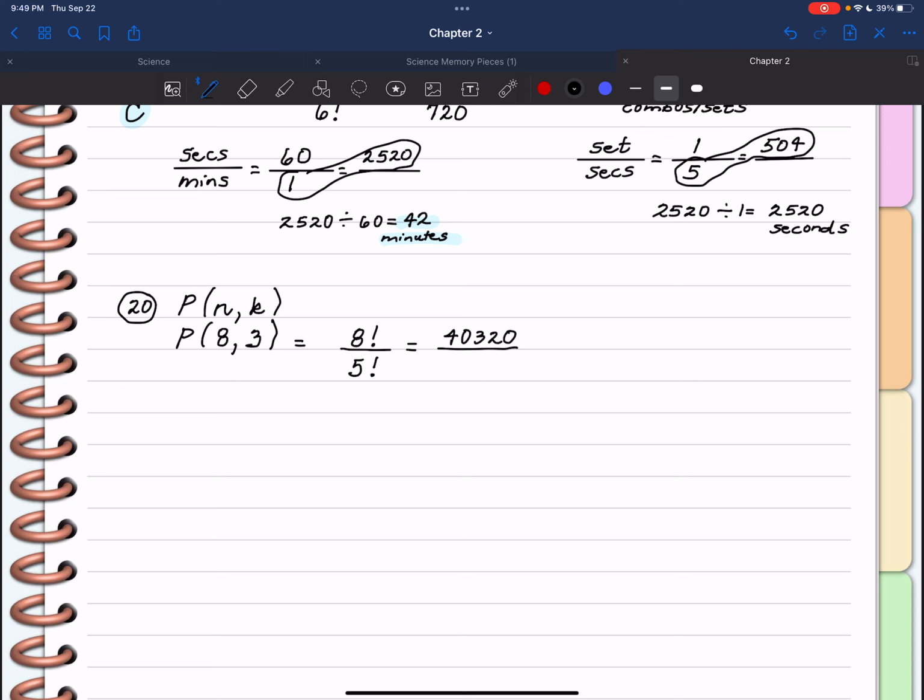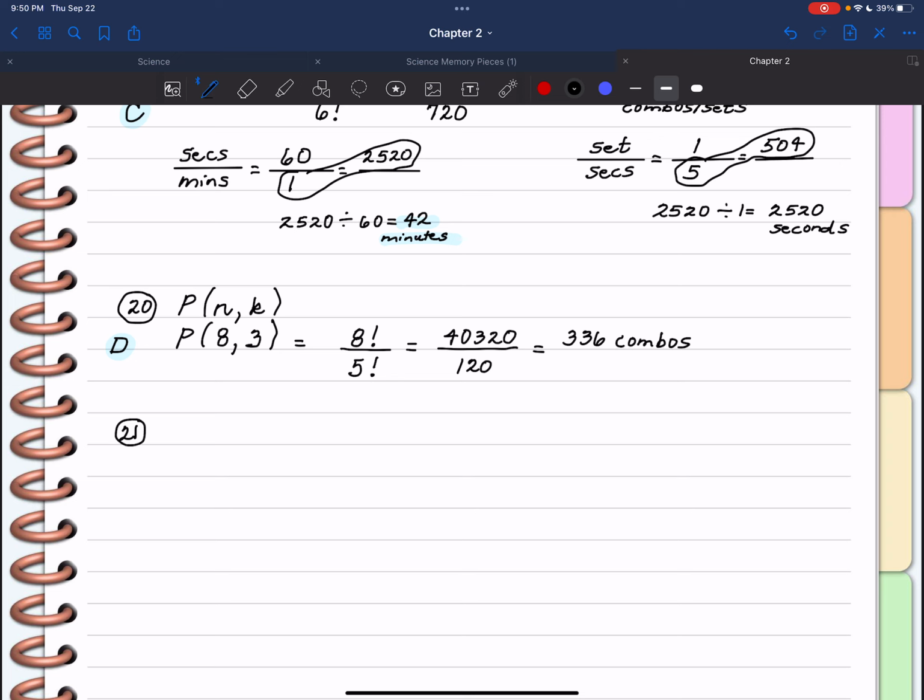And 5 factorial is 120. Go ahead and divide those numbers, and you get 336 possible combinations. And so I like D as in dog or delta for that one.